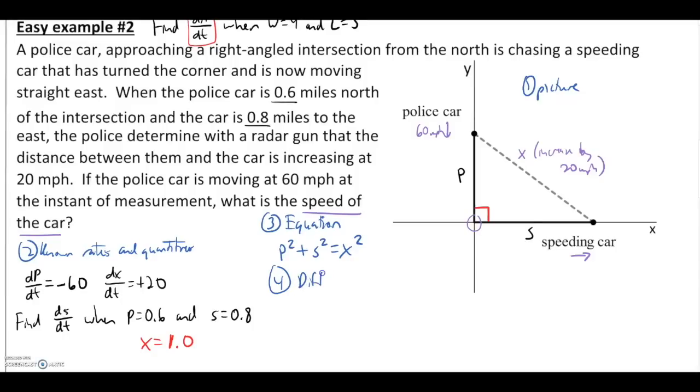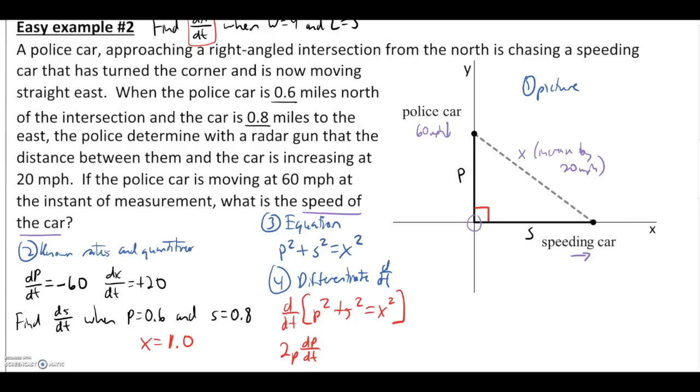And now we will differentiate with respect to time. Derivative with respect to time of this entire equation, derivative of p squared will be 2p, and then times dp dt.